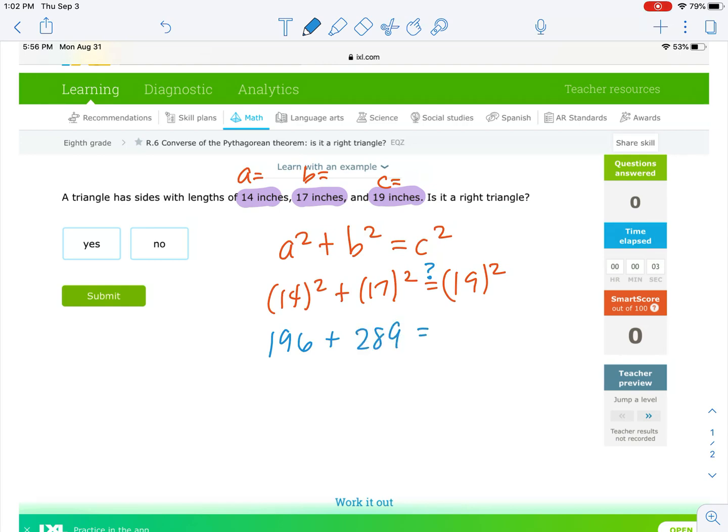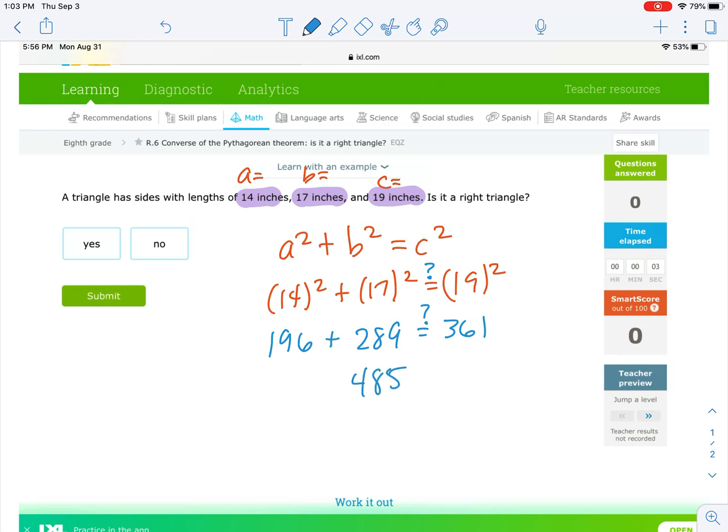And is it equal to 19 squared, 19 times 19, 361? So we need to simplify the left-hand side before we know whether or not this is going to be a right triangle.